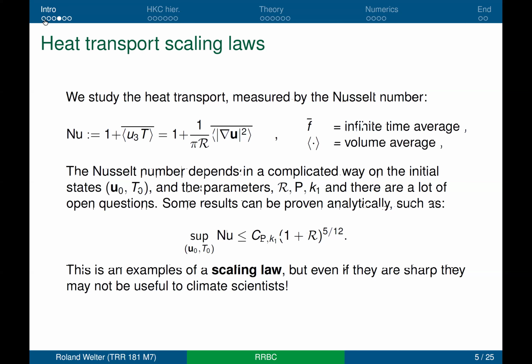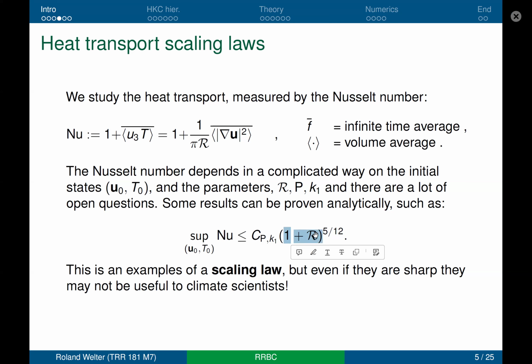Say you have some parameterization and you run the simulation and measure the heat transport. If you get a number above this bound, then you know this is an inaccurate climate parameterization.